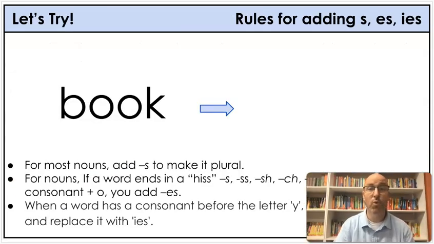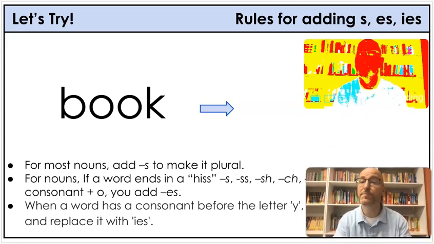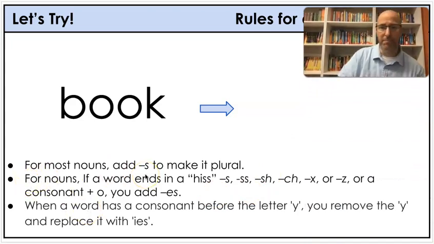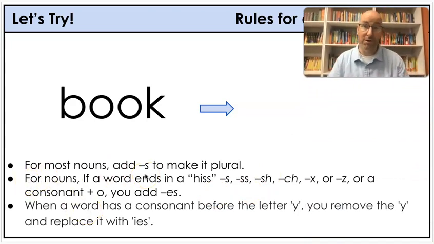So, we're really going to look at just the nouns, and I'm going to slide myself to the top. All right, for most nouns, add an S to make it plural. And I'm going to keep these rules on here throughout our lessons just to keep it fresh. For nouns, if a word ends in a hiss, like S, SH, CH, X, or Z, or a consonant plus O, you add ES. When a word has a consonant before the Y, you remove the Y and replace it with IES.